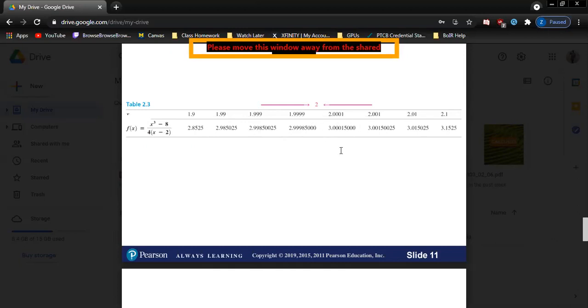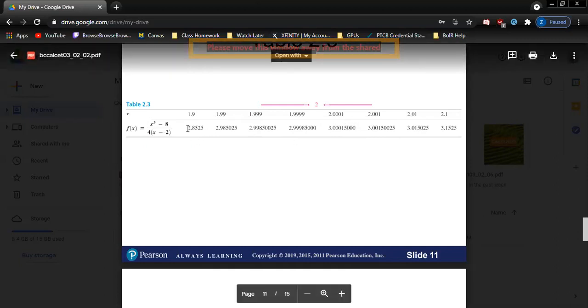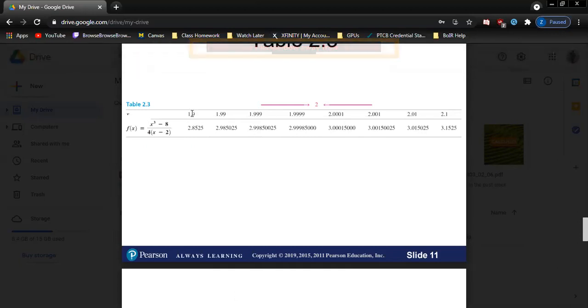Can you see the table? When you're approaching from the right, it's slowly getting reduced and going towards 3. And again, if you're approaching from the left, smaller values than 2, you can see it's slowly getting increased and trying to reach 3.